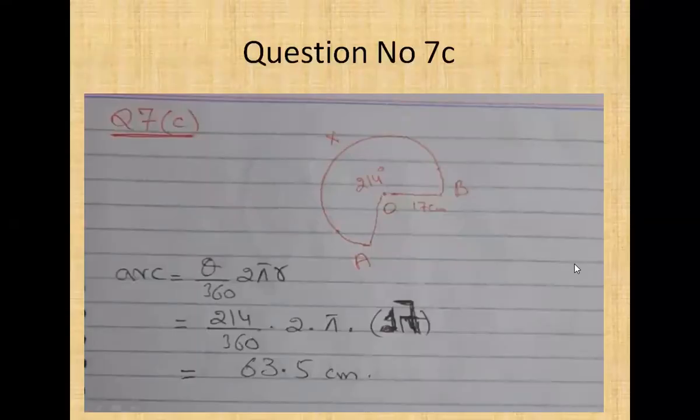The formula is theta divided by 360 times 2 pi r. Theta is 214 and the radius is 17. So 214 divided by 360 multiplied by 2 multiplied by pi multiplied by 17 equals, and the arc length will be 63.5 centimeter.